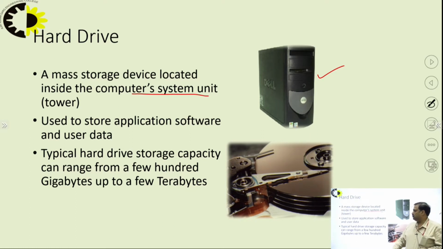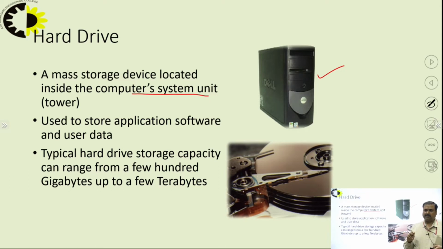It is used to store the application software and the data in the computer system. Its capacity can range from a few hundred GBs to a few TBs. Most of the data is stored in this hard disk. The operating system is also stored in this hard disk.